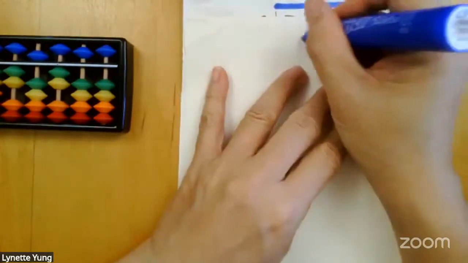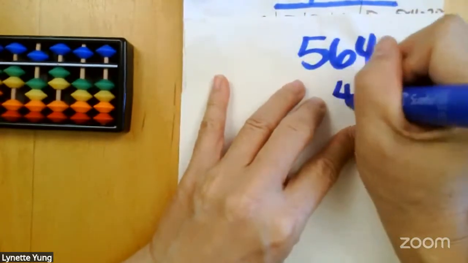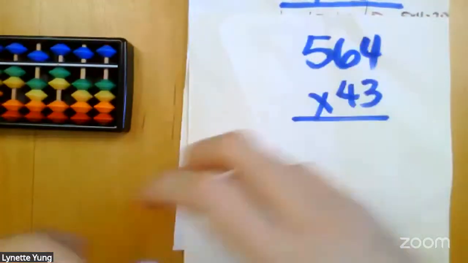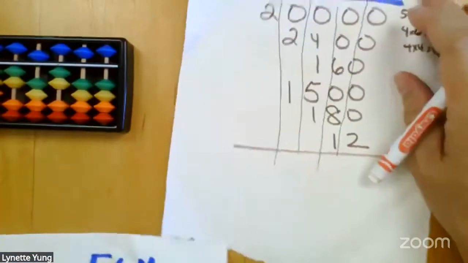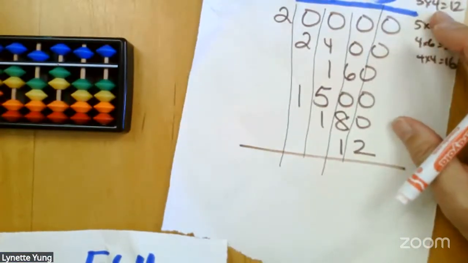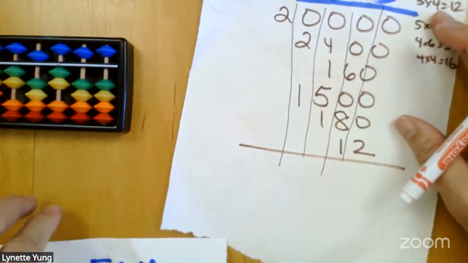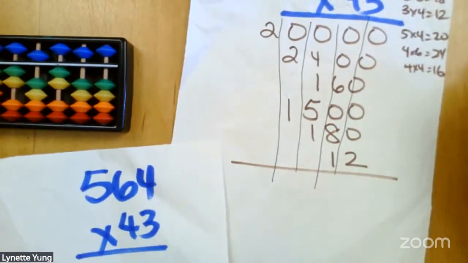Another thing you could do is you can highlight those individual numbers. If you take the paper off, you highlight the 20,000. This is what happens when you're multiplying the 4 times this. That's your first answer when you're going 40 times 5. And then you go 4 times 6.